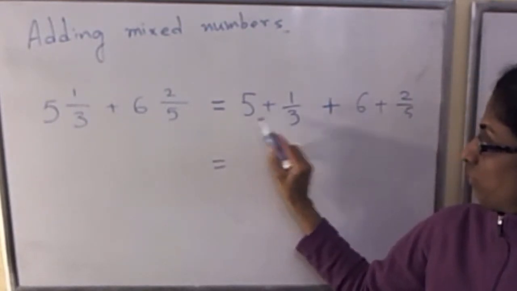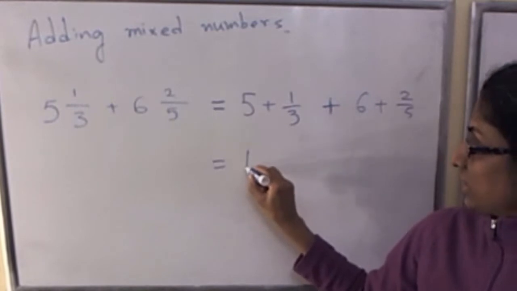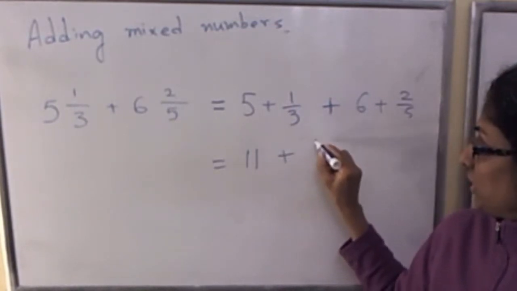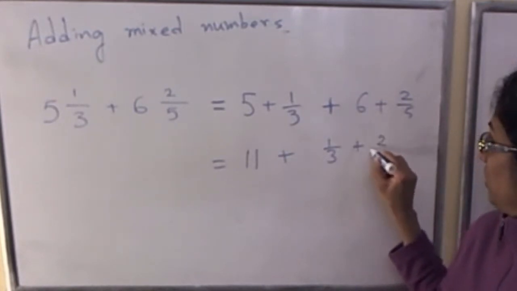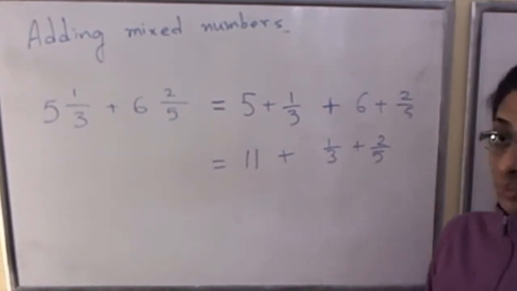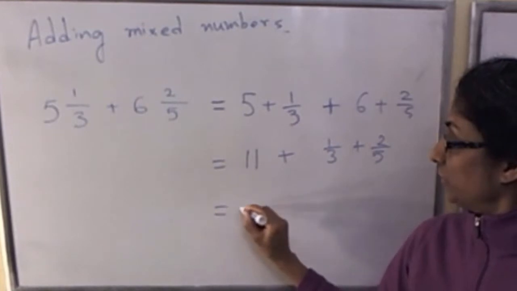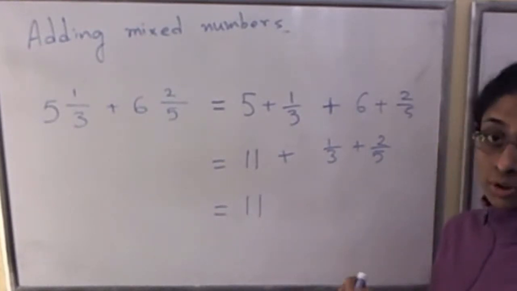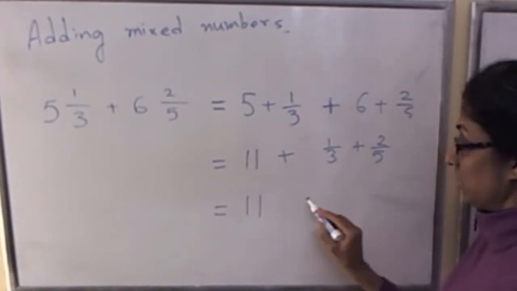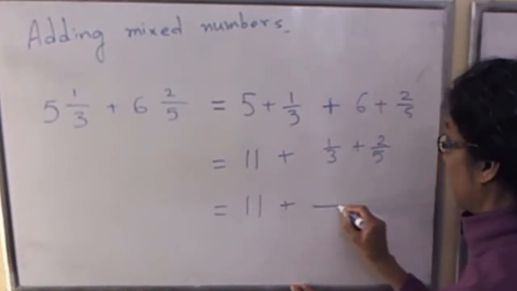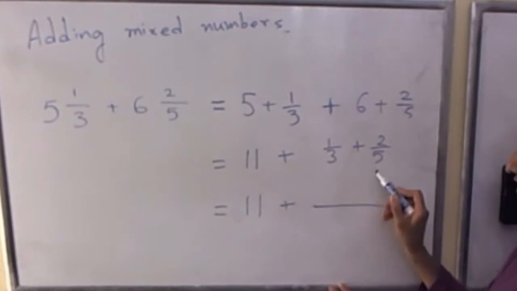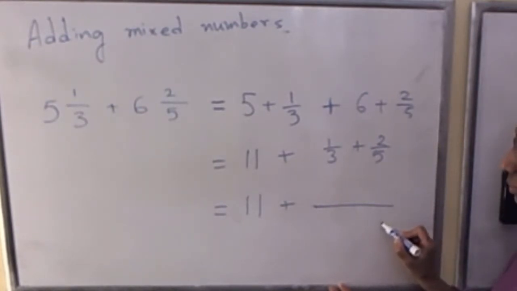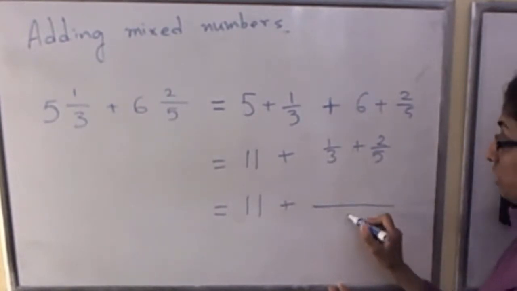I could add the whole numbers 5 and 6 to get 11. And then I really need to only carry out 1/3 plus 2/5 and see what that is. For that, I will simply use the addition formula for fractions that I discussed in another video, which says the sum of these two fractions is another fraction whose denominator is the product of these two denominators.